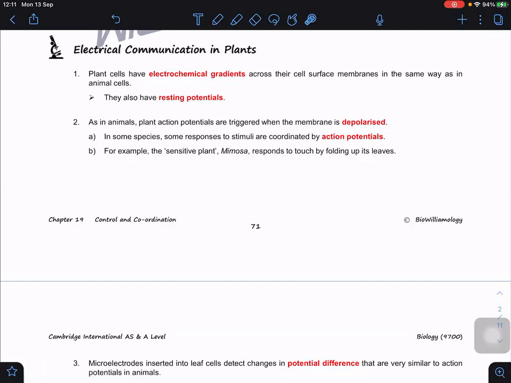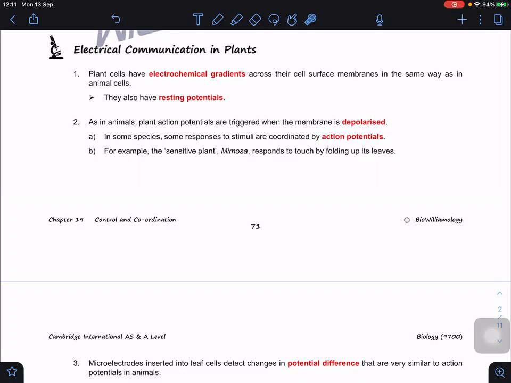So this electrochemical gradient across the cell surface membrane is the same as what animal cells can do, and they have a resting potential as well. As in animals, the plant action potentials are triggered when the membrane is depolarized. So it depends on how the depolarization takes place.